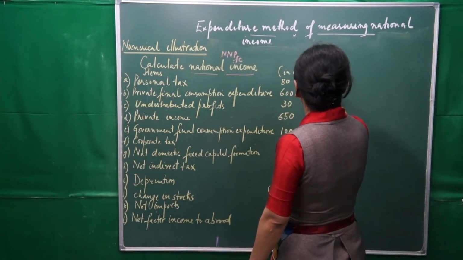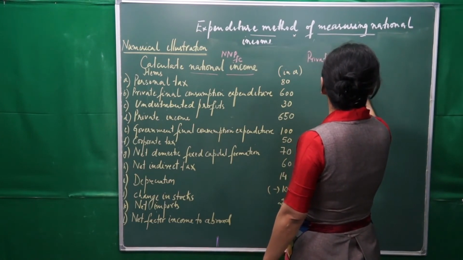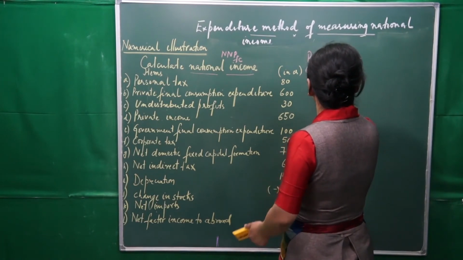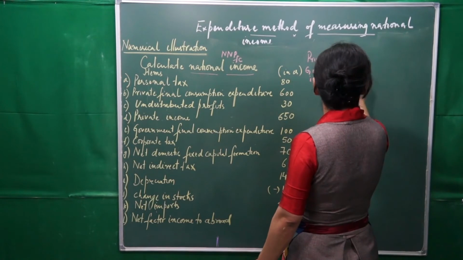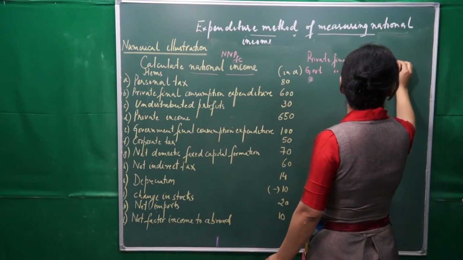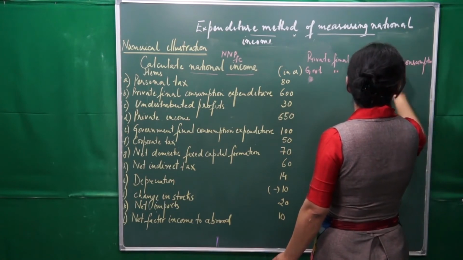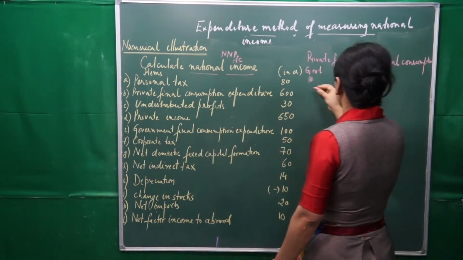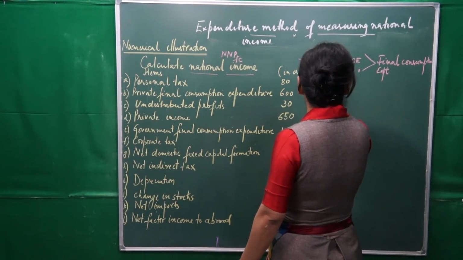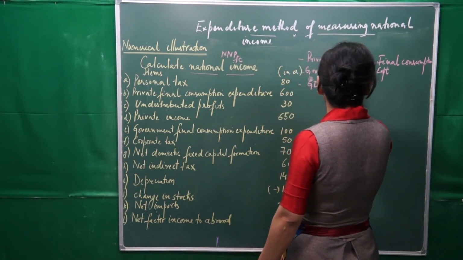We said private final consumption expenditure, government final consumption expenditure. These two form the final consumption expenditure. Then we have gross domestic capital formation, which comprises two, right?